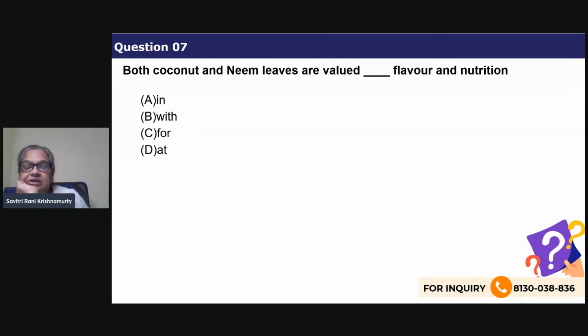Both coconut and neem leaves are valued dash flavor and nutrition. An article criticizing Navjot Singh Sidhu, who gave an interview where he said his wife was cured of cancer by just taking a diet of coconut milk and neem leaves. So people said that's not true.